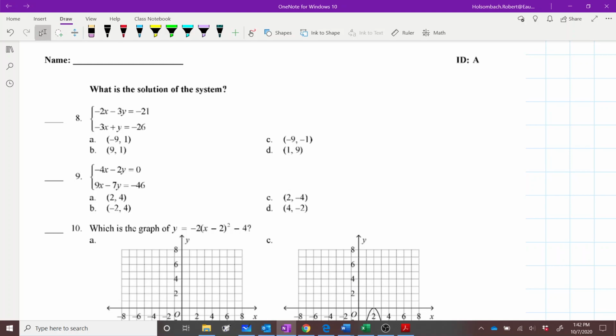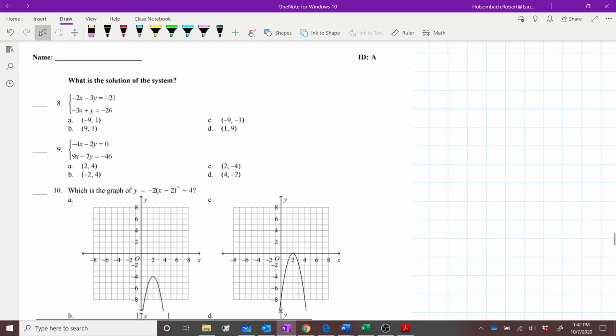Alright, what is the solution to the system? This is a review from a couple weeks ago. I'm going to use the elimination method. We've got 2x minus 3y equals negative 21. And we've got negative 3x plus y equals negative 26.